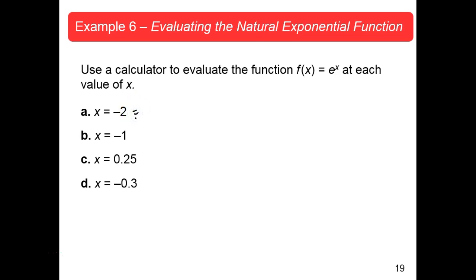What is f of x? Well, let's do it this way. F of, when x is equal to minus 2, that would be f of minus 2. That would be e to the minus 2. Someone give me a value. You can either use your calculator or, well, you almost have to use a calculator. What does that give you? We just did it earlier. I said it's between 1/9 and 1/4.